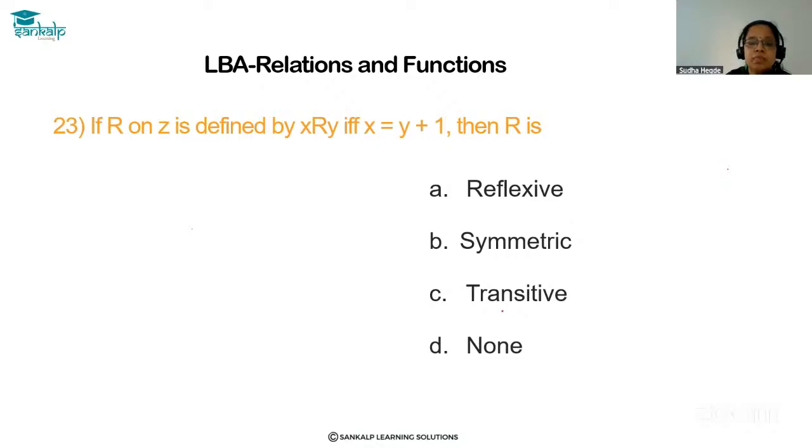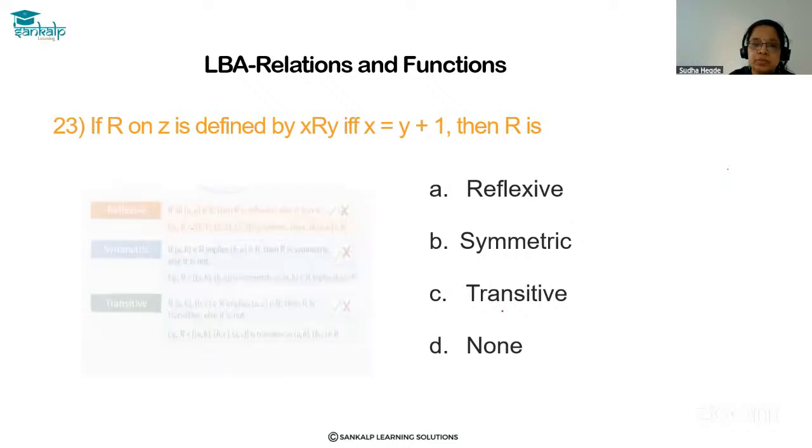If R on set Z is defined by x R y if and only if x is equal to y plus 1, then you need to check whether the relation R is reflexive, symmetric, transitive, or none of the above.